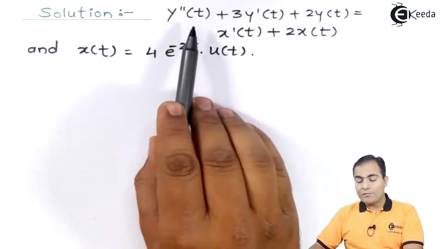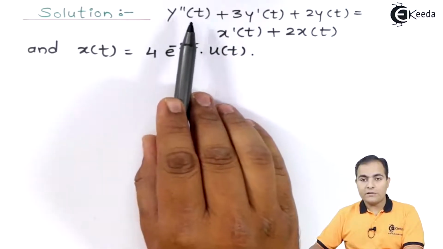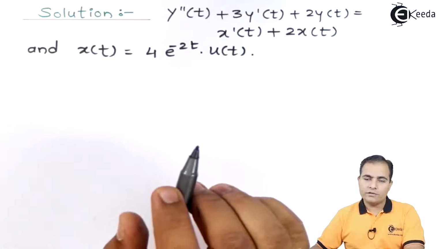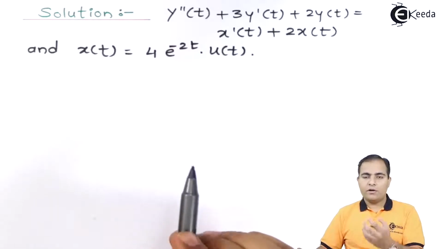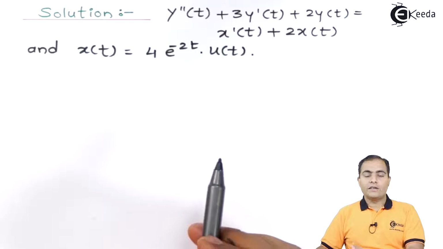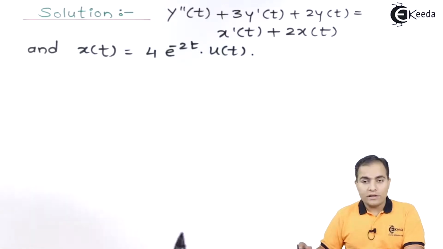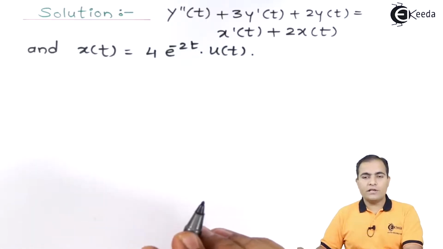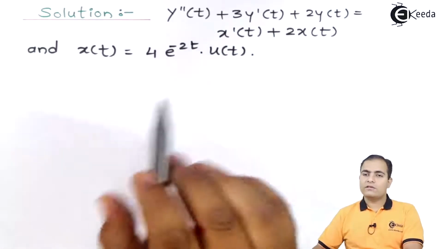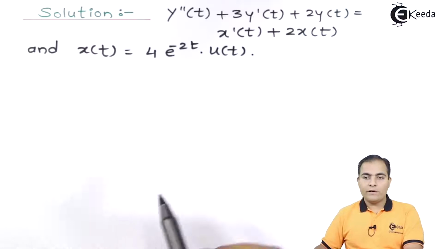The Laplace transform of a differential equation normally has initial condition terms, but since they are given as 0, there is no need to consider them, and I'm not going to write those values in this solution. I'm going to write only the Laplace domain value of each term.